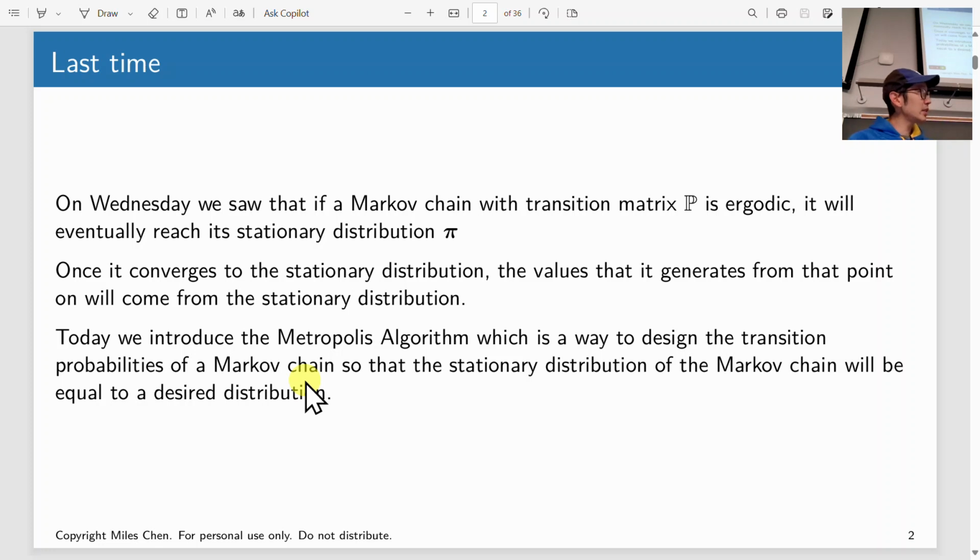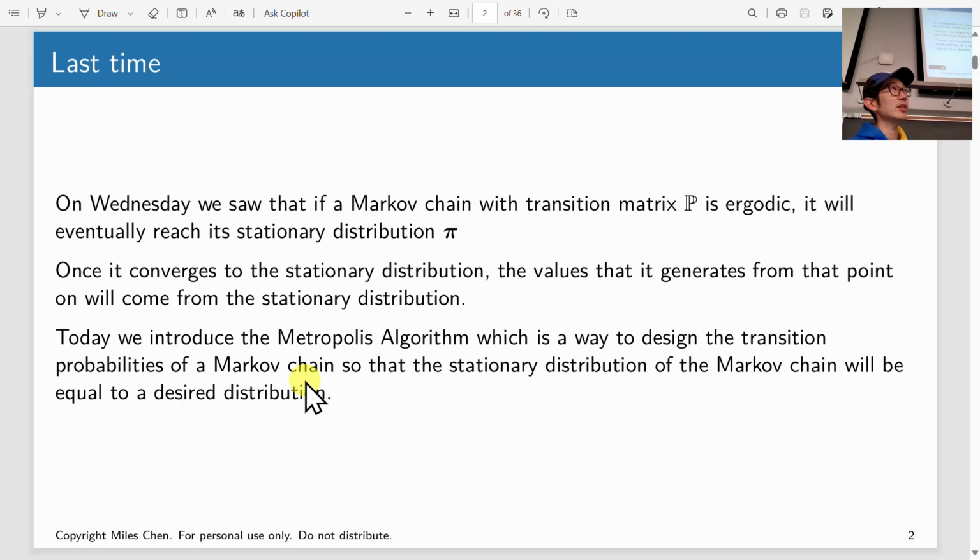The idea here is that in the beginning you could start off at some bad location, but eventually it'll converge to the stationary distribution, and then when you're at the stationary distribution, you can expect the values it generates to come from the stationary distribution. Of course, the sequence itself will not be IID, but you'll still get a bunch of random values that overall, when you look at the big picture, will come from this stationary distribution.